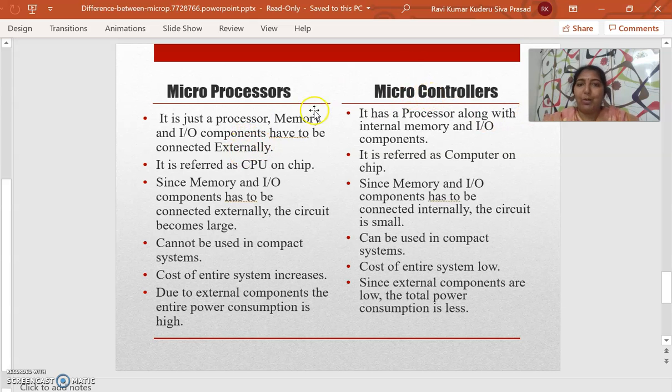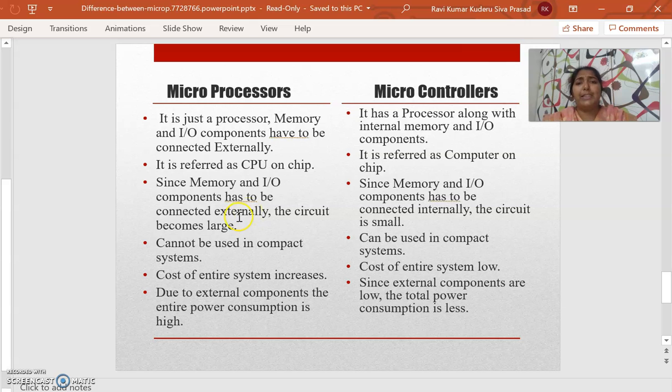But coming to the microcontroller, all these components come along with the CPU, or are present inside a single IC. The next difference is, since it contains only the processor, it is referred to as CPU on chip. But the microcontroller contains a processor as well as memories and IO ports, so it can be called a computer on chip.